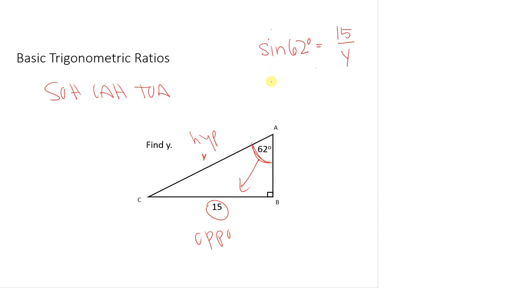So first off, I'm going to bring the y over, so we get y times the sine of 62 degrees equals 15. Then I'm going to bring the sine of 62 degrees over so I can get y by itself. We get y equals 15 divided by the sine of 62 degrees.